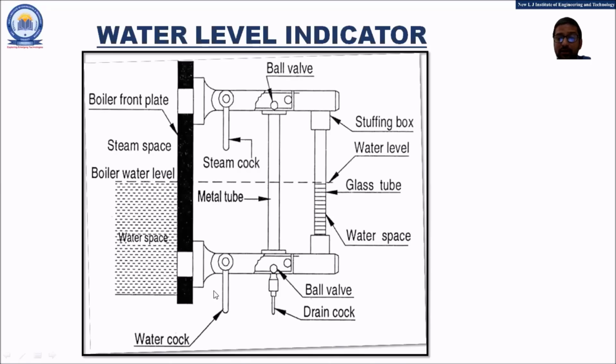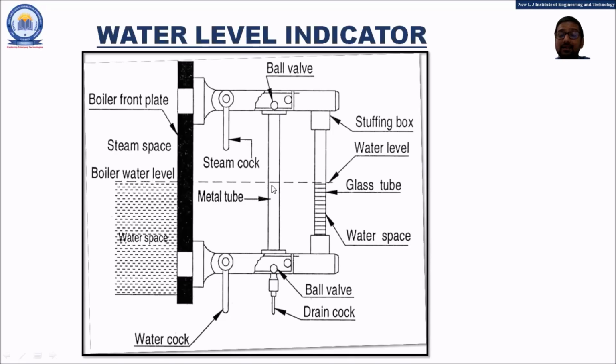When the water cock is open and the steam cock is open, the steam will be hitting the ball. That ball will come down in the metal tube. The water will be forcing the ball of the water tube. That ball will be lifted in the metal tube.